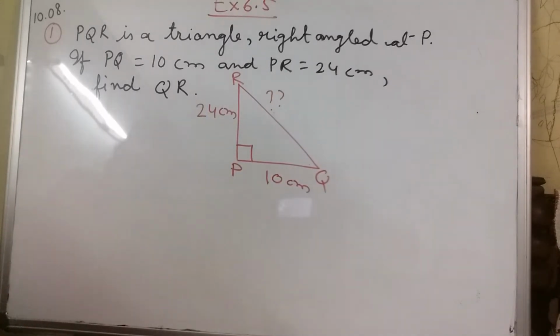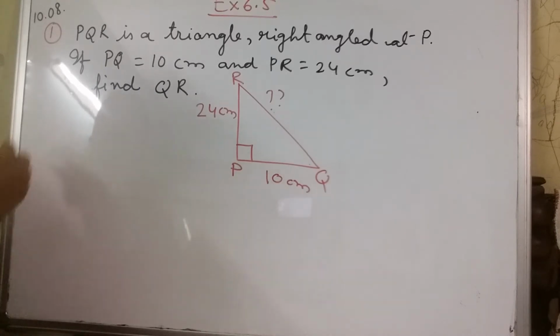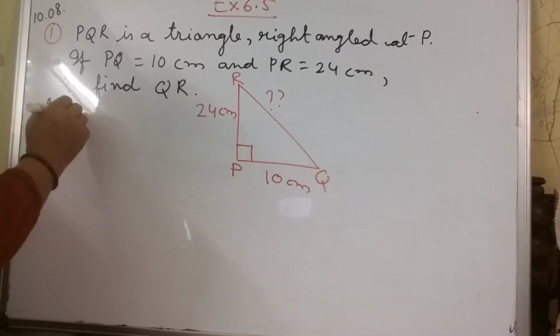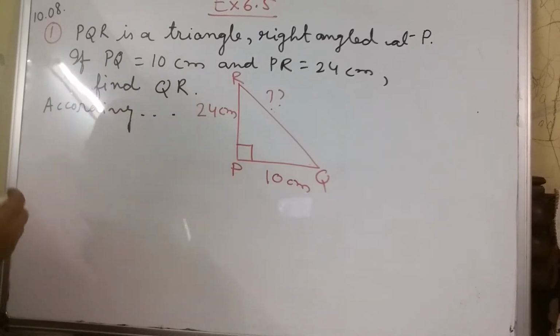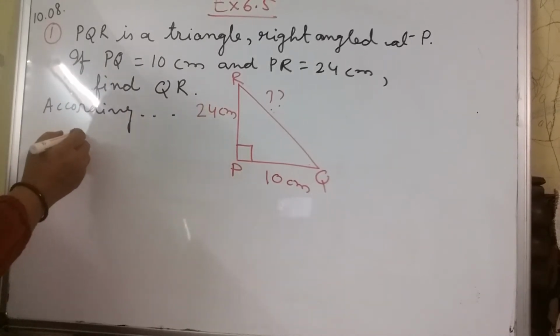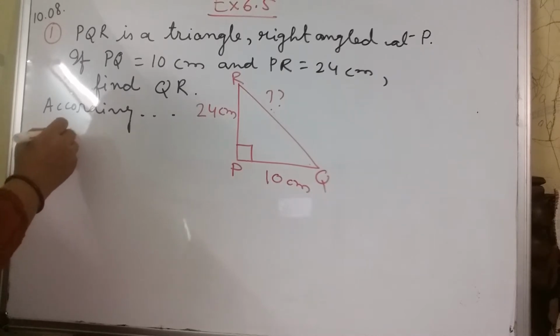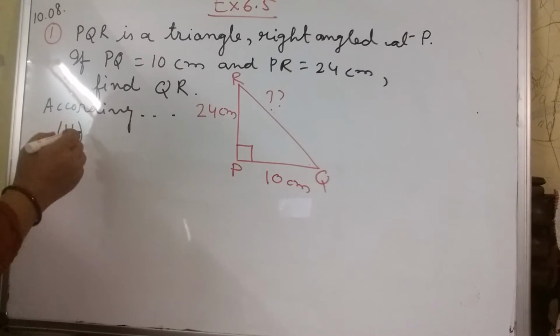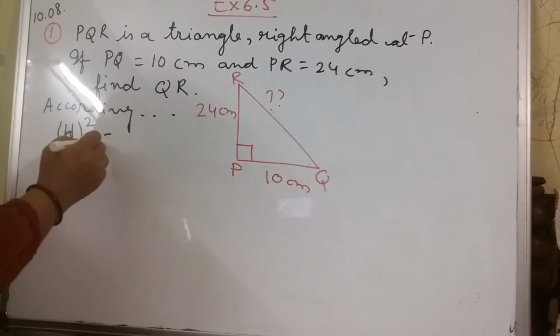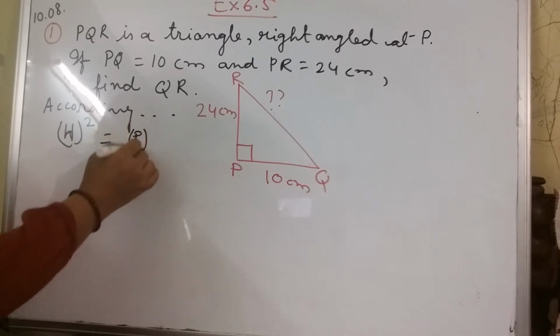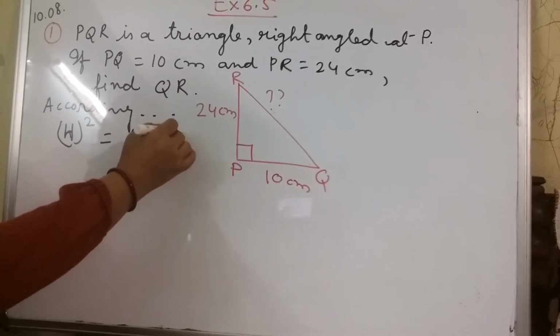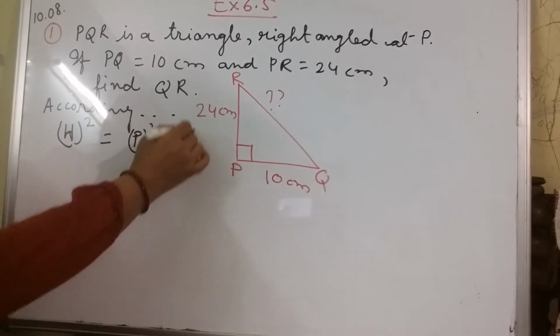According to Pythagoras theorem, you will write, we know that hypotenuse, if in short I write hypotenuse as h, square equals perpendicular, that is p, square plus base, b, square.